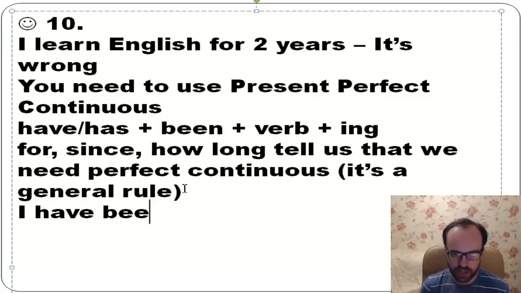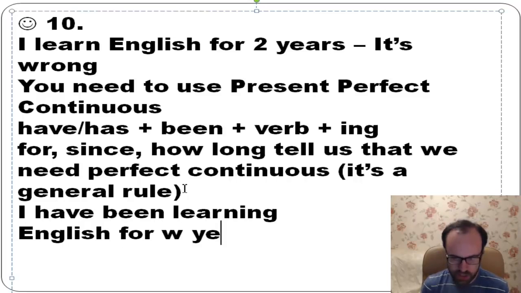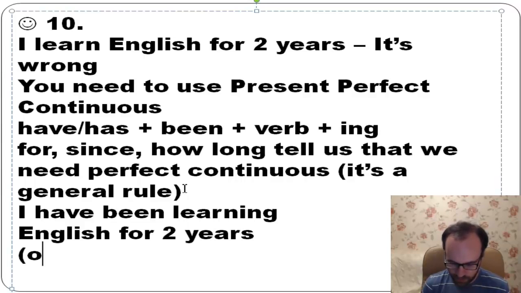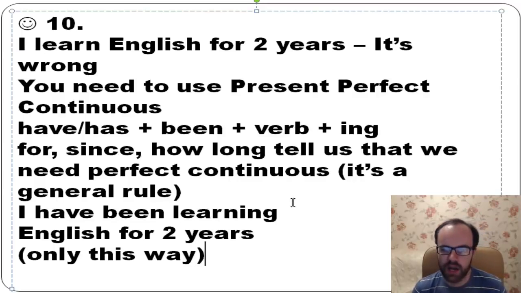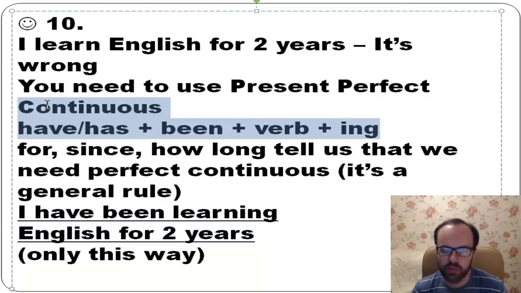I have been learning English for 2 years. So only this way. I have been learning English for 2 years. Yeah, present perfect continuous.